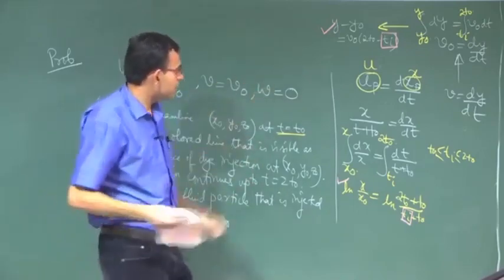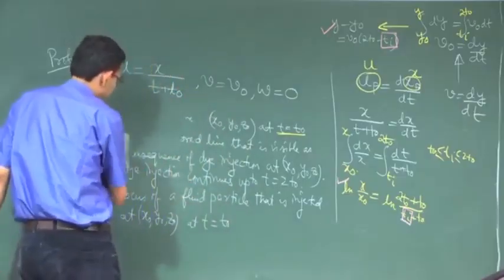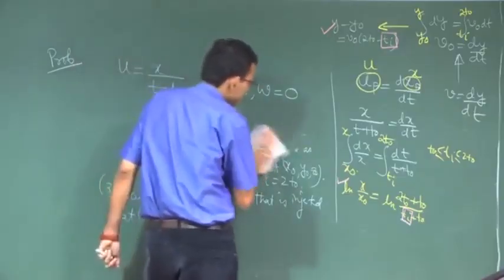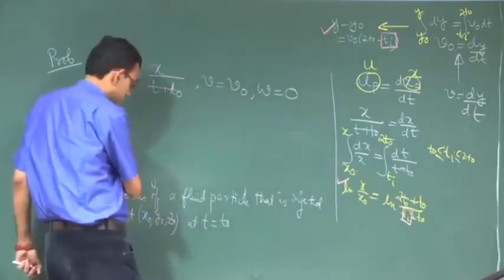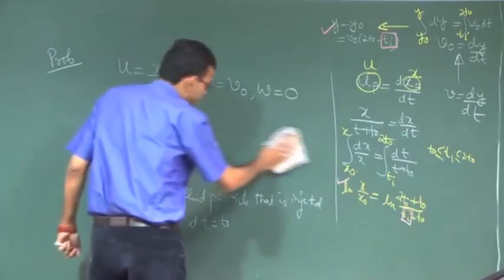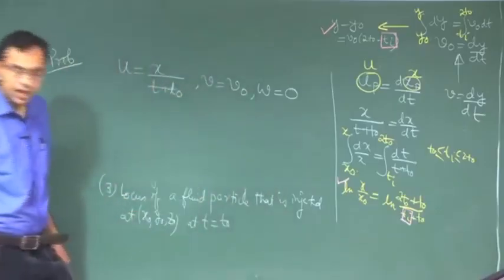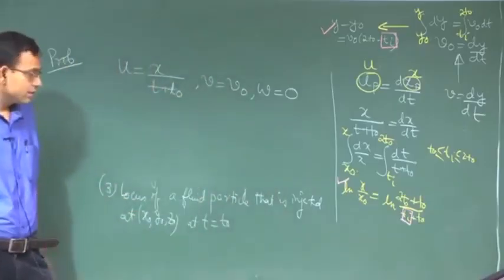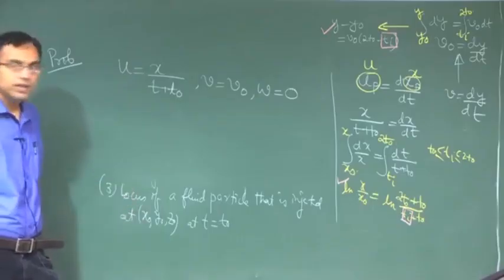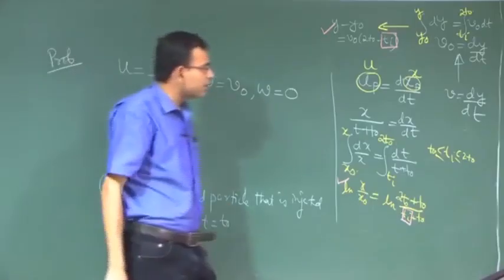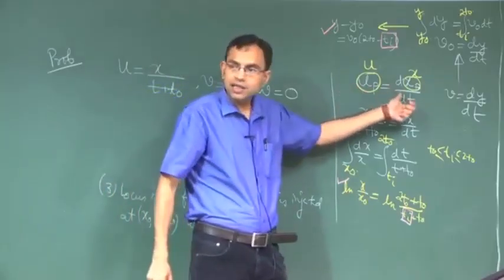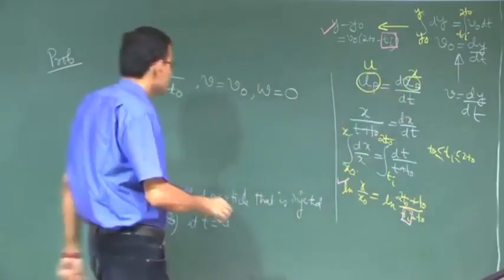We will keep this part of the board now and find the locus of a fluid particle that is injected at x0, y0, z0 at t equal to t0. This is the path line. So why the students are confused is because your starting step is still the same, u equal to dx dt.